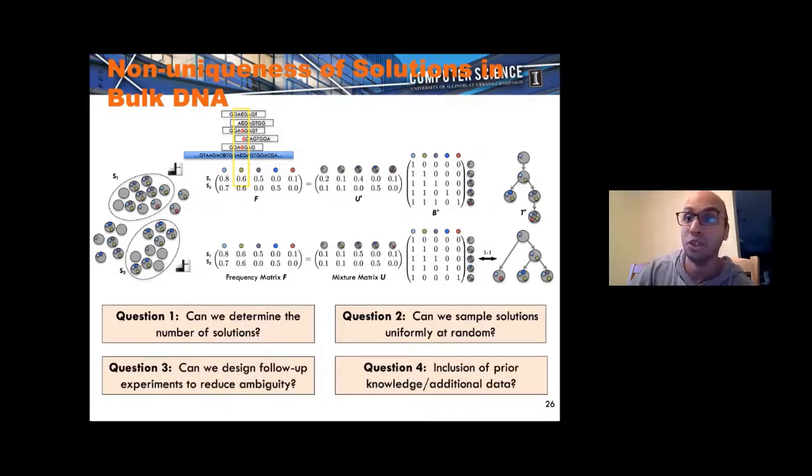Oftentimes this number is huge. So then it becomes a question about summarizing. And in order to summarize, you want to be able to sample uniformly at random and then summarize the samples that you've taken. And the other thing that we ask is, can we reduce this ambiguity by doing more experiments? So this is about experiment design.